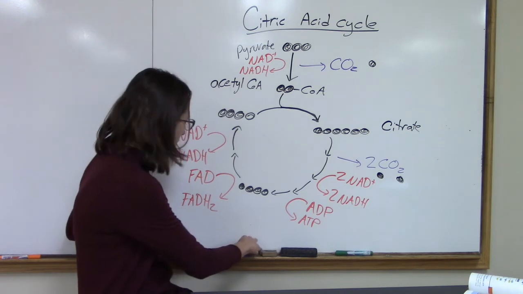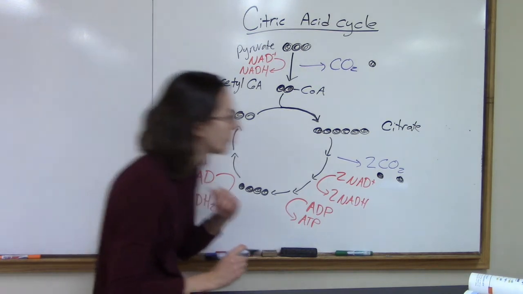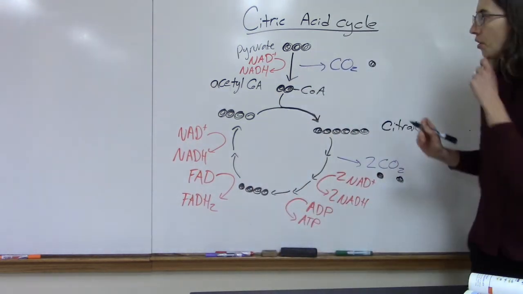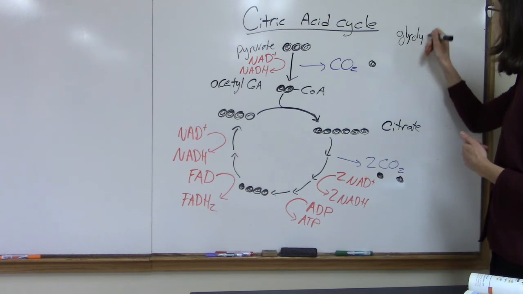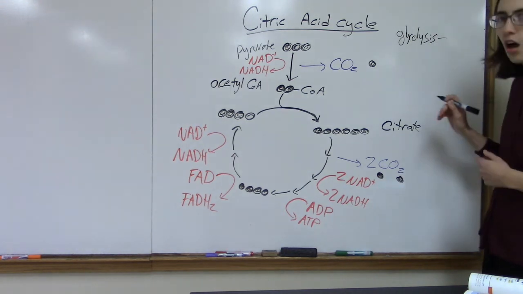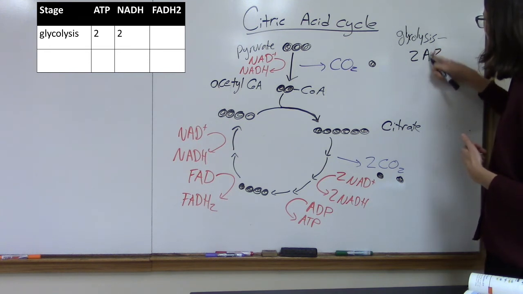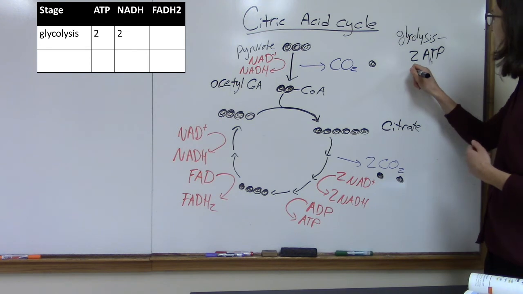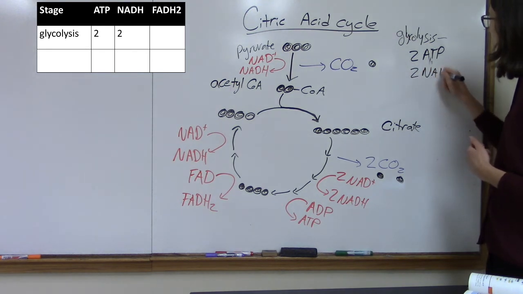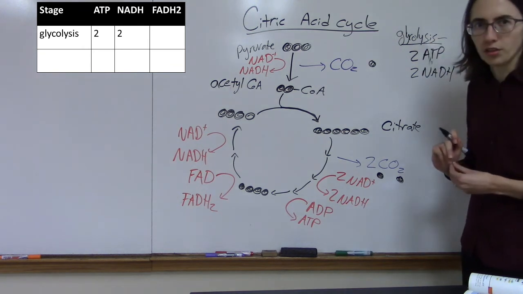All right, so what is our net total amount of energetic gain here? During glycolysis, we made 2 ATPs and 2 NADHs for every 1 glucose.